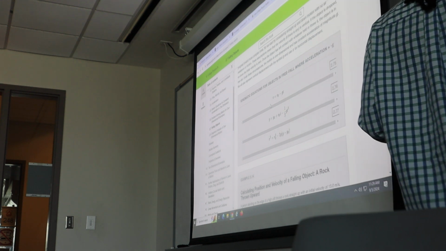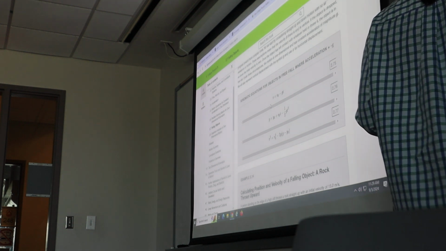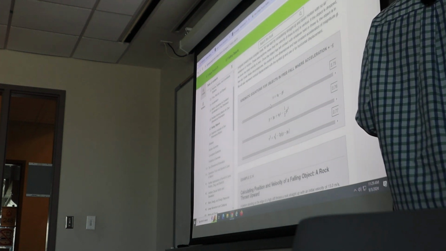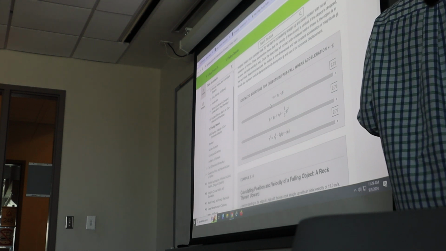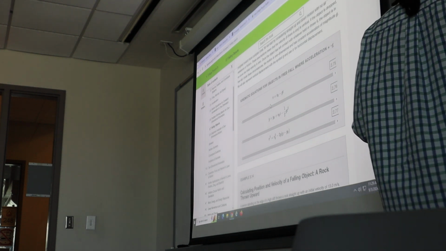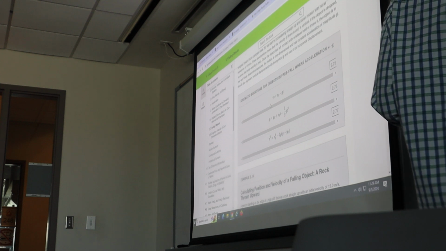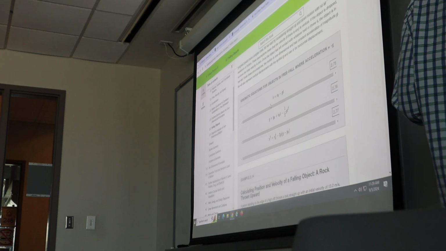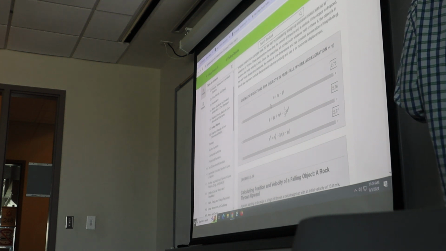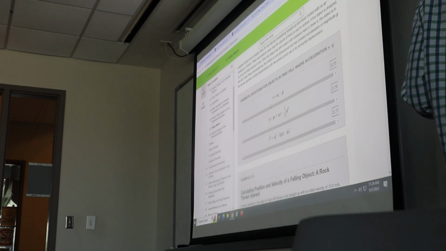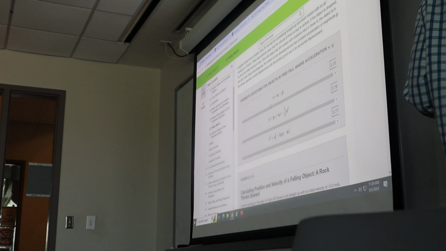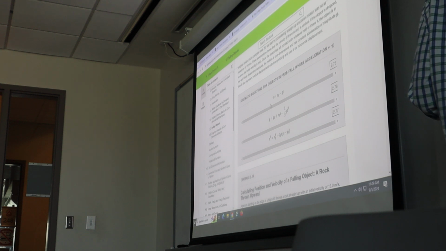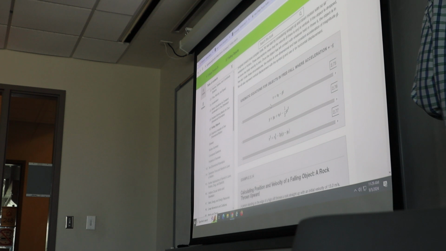Alright, so here's the second equation. Y equals my initial Y, which should be 0, plus V naught t: initial velocity, 13 meters per second, times t, 1 second, minus 1 half, negative 9.8, t 1 second, squared.